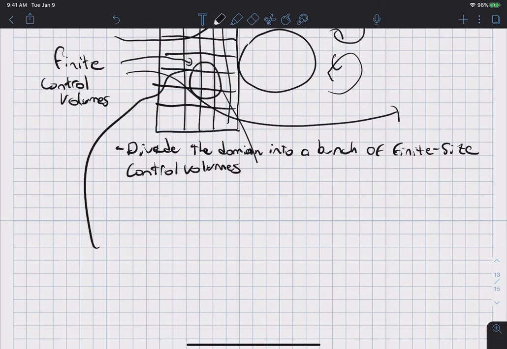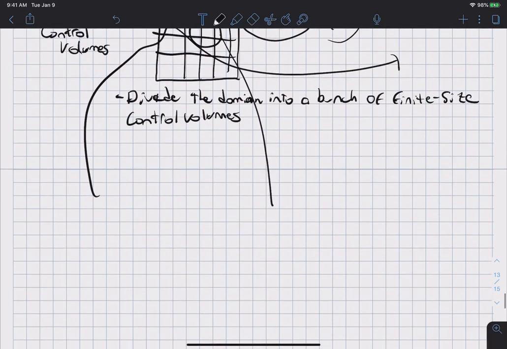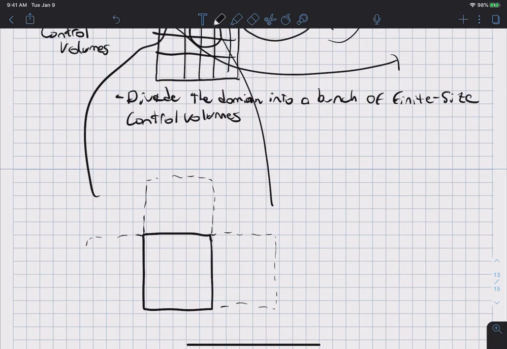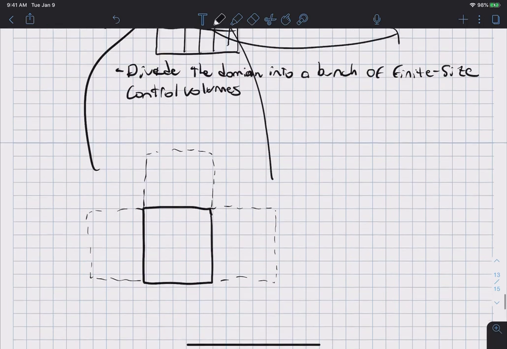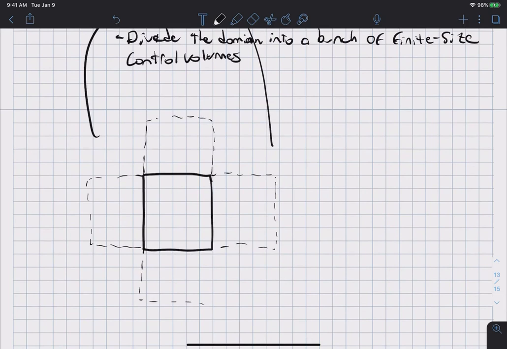I know this is starting to look messy, just please bear with me. We have a control volume that looks like this, and I'm going to draw its neighbors to the top, to the right, to the left, and to the bottom. Okay, and this is the center of that computational finite volume.